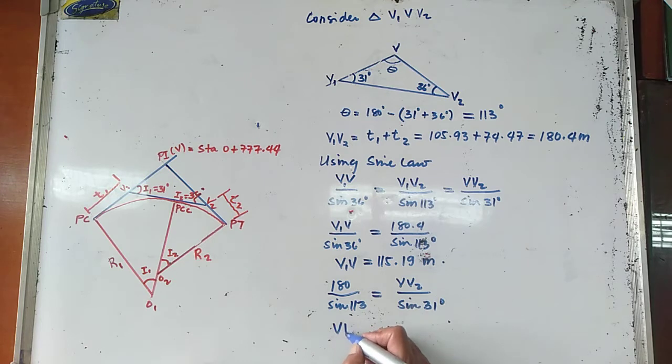So your VV2 is now equal to 100.94 meters.